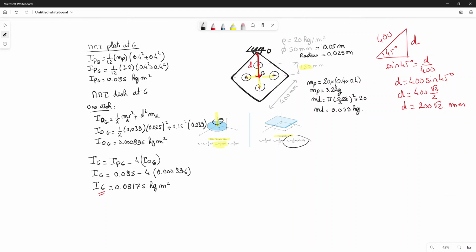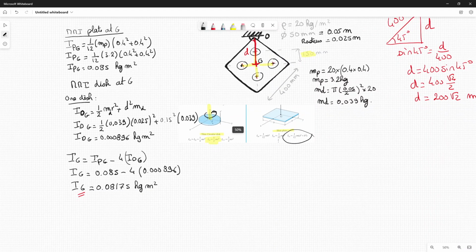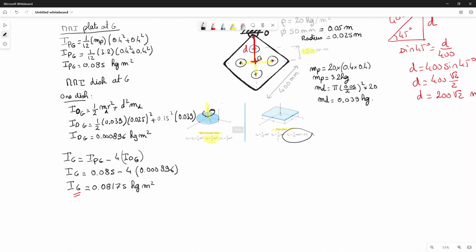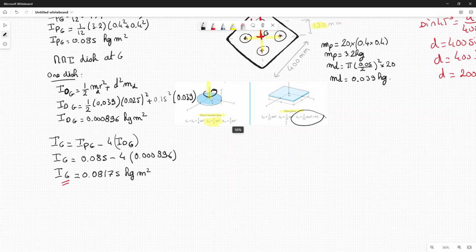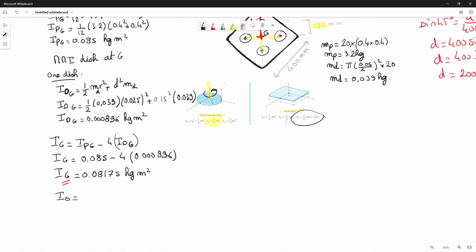Just checking my numbers. So let's now move to IO. We have IO equals IG plus D squared times the mass of the entire system. So that will be IO equals 0.08175 plus the distance that we found, that is 0.2 square root of 2.